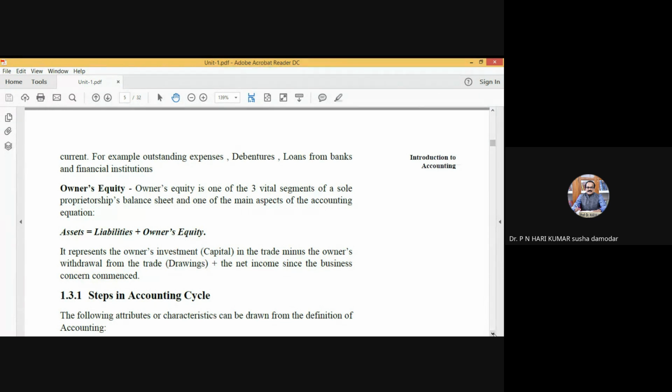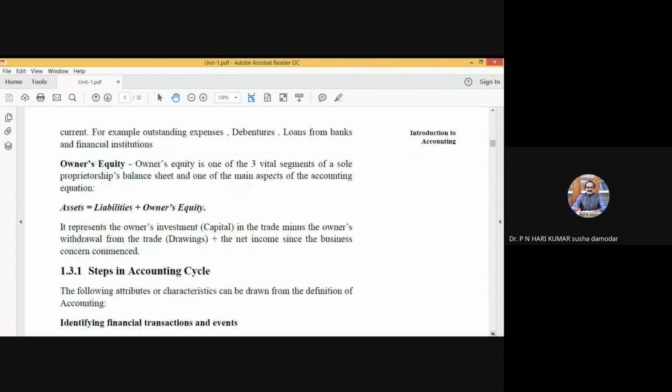Whenever I withdraw some amount from the invested money, it is called drawings. And we will explain what is investment and what is drawings later. Anyway, the accounting equation is asset is equal to liability plus owner's equity.